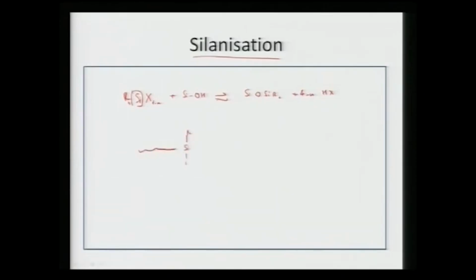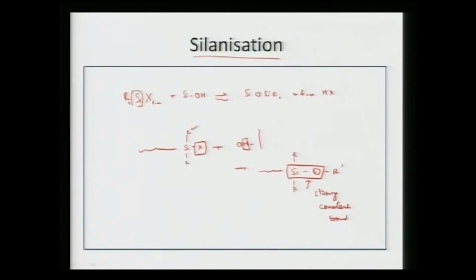If we have R here and say X here, and then we have OH, and then a certain functional group, in this case we are removing this function out here. So, what we are getting finally is a combination of silicon, R, oxygen, and then R dash. So, essentially we are getting a strong covalent bond.